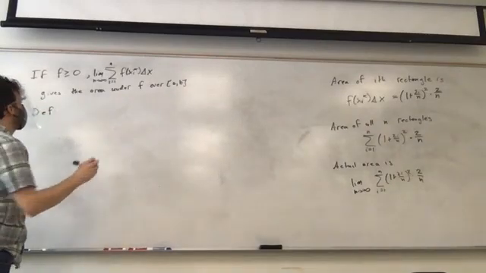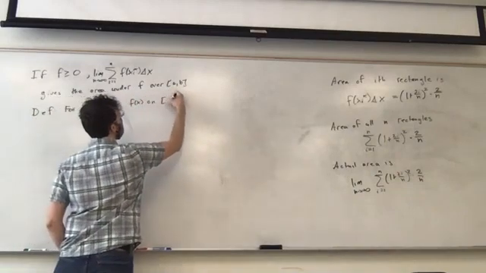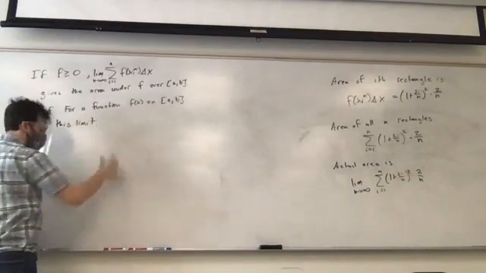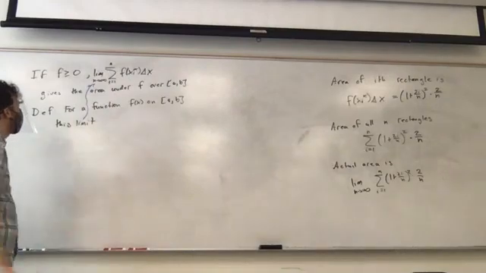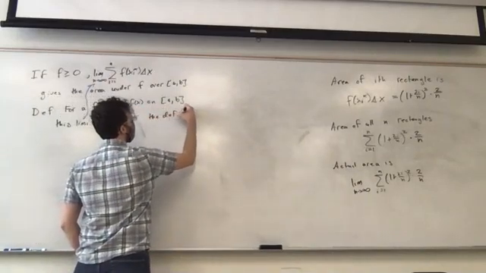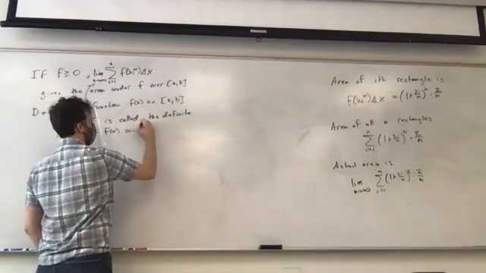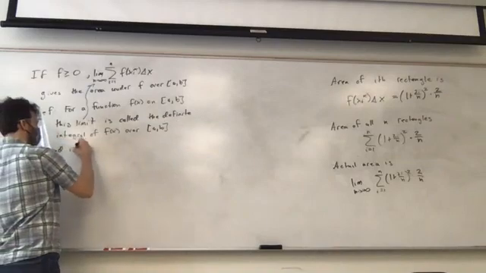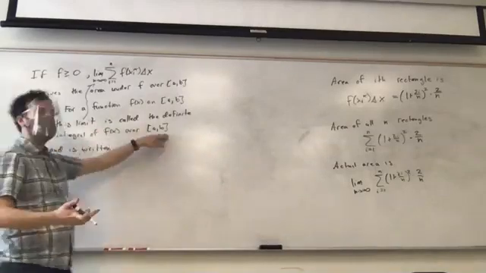So here's what we'll say, a definition. For some function f of x on an interval [a, b], this limit, meaning this kind of limit that I don't want to write out again, is called the definite integral of the function f over the interval [a, b]. And it is written with this notation, which makes it clearer what function we're talking about and which interval we're looking at.